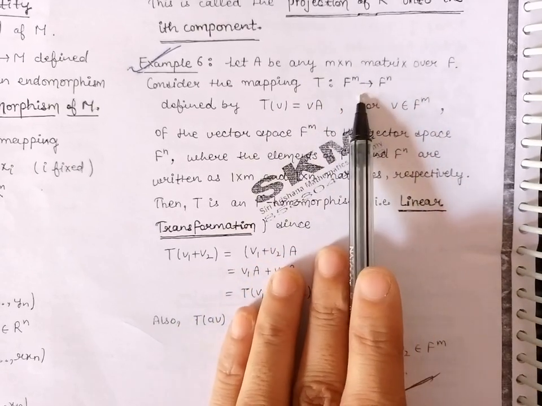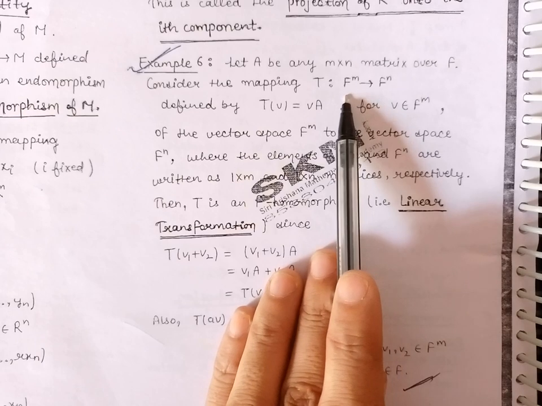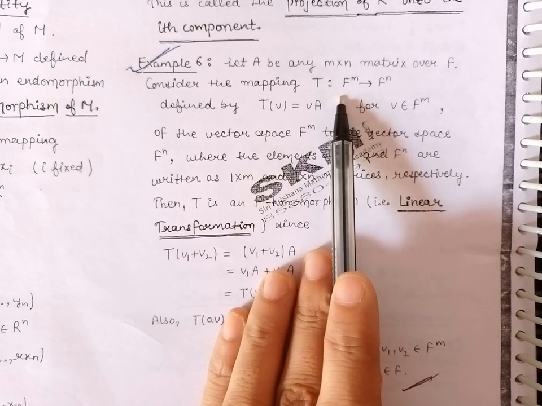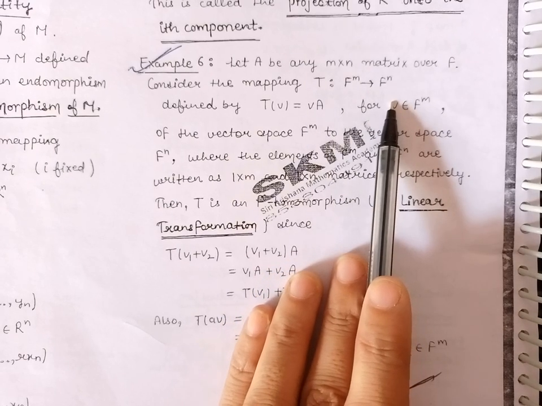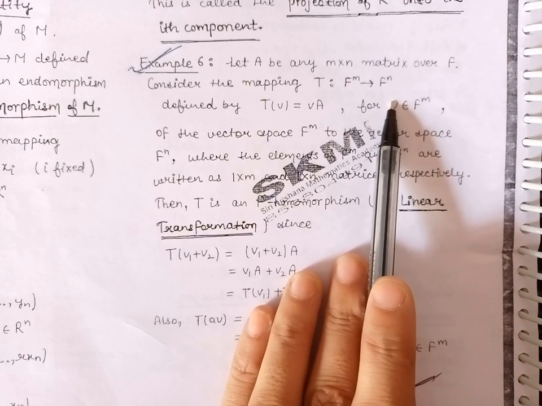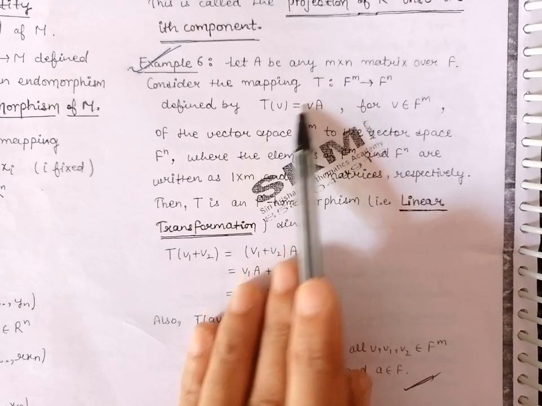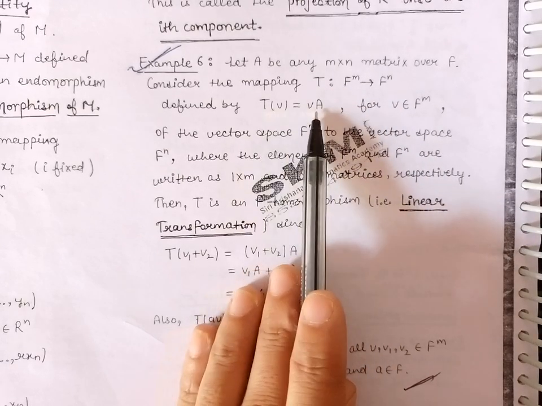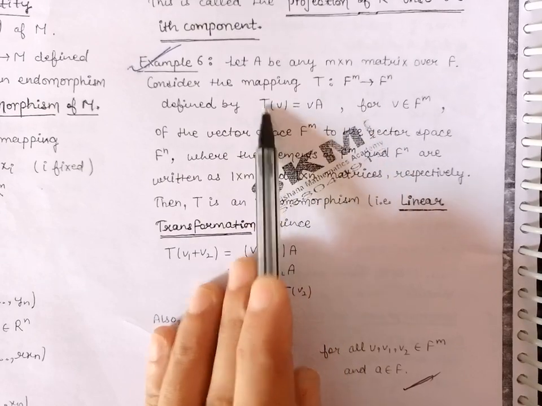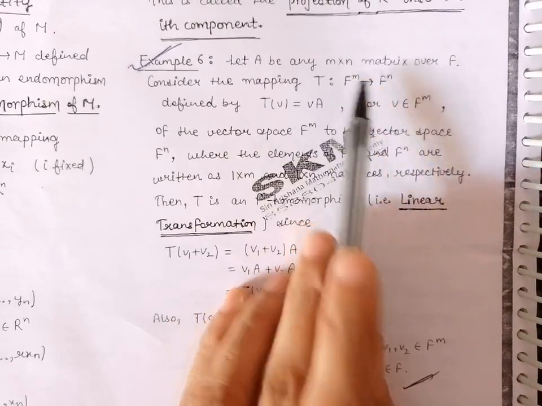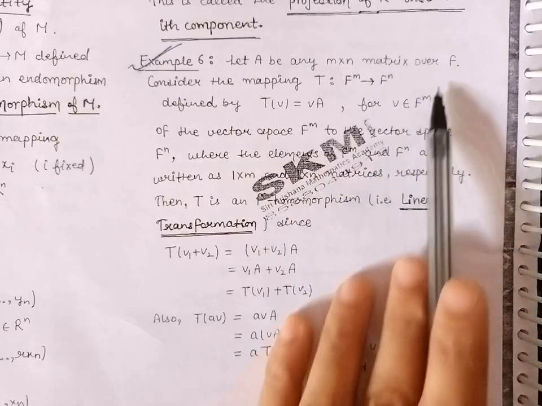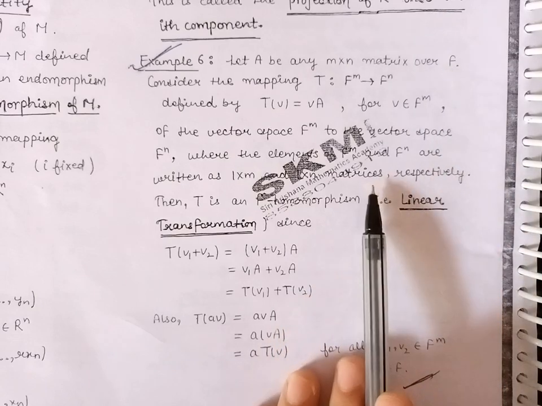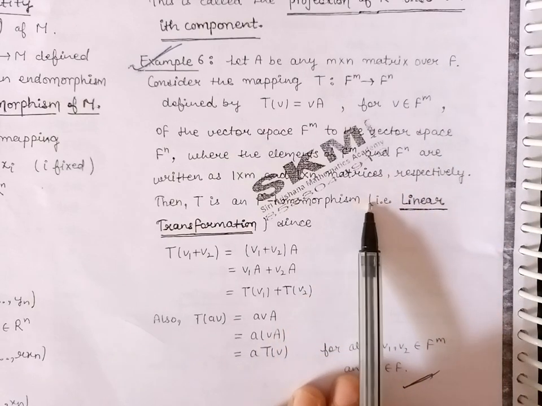Here Fm is a vector space having the elements of the form of 1 cross m order matrices, and Fn is the vector space having the elements of the form 1 cross n order matrices. We have defined the mapping T by the image of V under T is equal to VA. Here V is an element of this vector space. This mapping is a linear transformation because here F is a field. So here we will call this homomorphism a linear transformation.